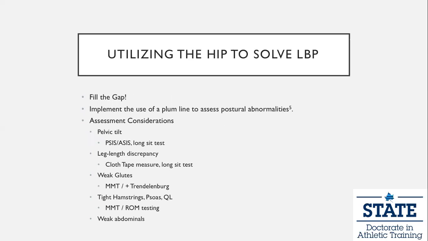So how can I fill in the gap? I can start using a plumb line to assess any postural abnormalities. I need to make sure I look at the ASIS and the PSIS, perform a long sit test, and assess leg length discrepancy.